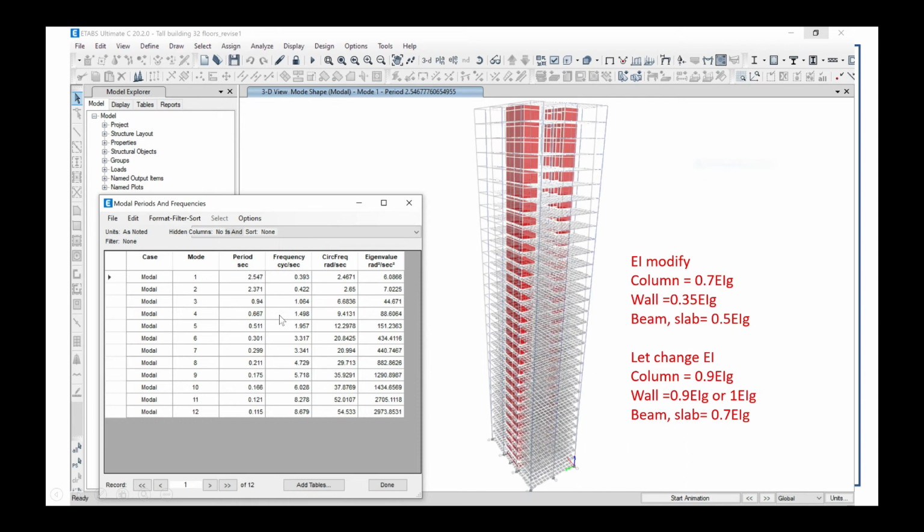If the natural frequency is very low, it is not acceptable. We have to increase the stiffness in the member, but before you increase the stiffness of the member, you have to modify the stiffness. Use the stiffness for the column, for the wall, and for the beam, and run the analysis again and check the frequency and what is different when you change the stiffness. The frequency is increased, so how much did it increase, and verify again whether it is acceptable or not.